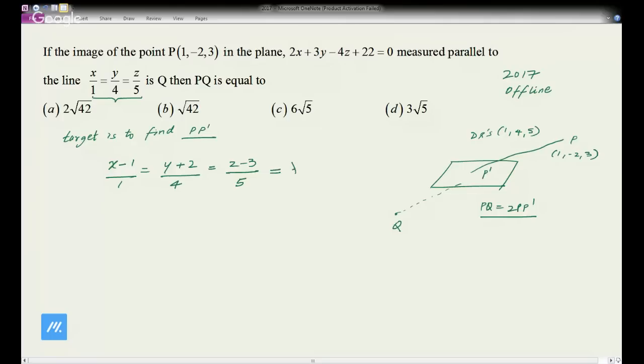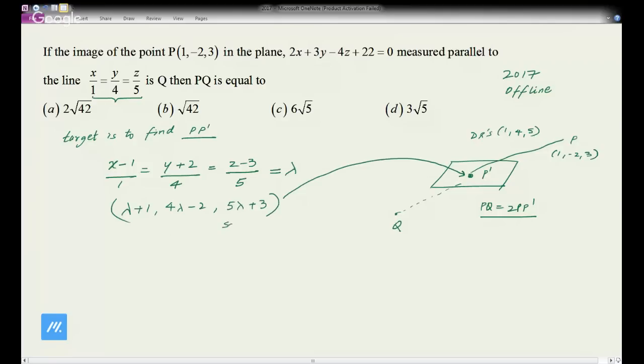And any point can then be taken in terms of lambda. So any point will be (lambda plus 1, 4 lambda minus 2, 5 lambda plus 3). Clear, guys? You just have to know that for some value of lambda, this point will be this particular point P dash.